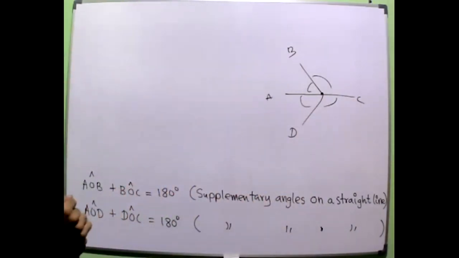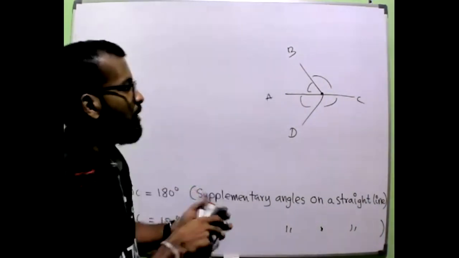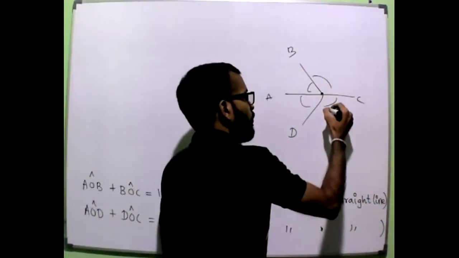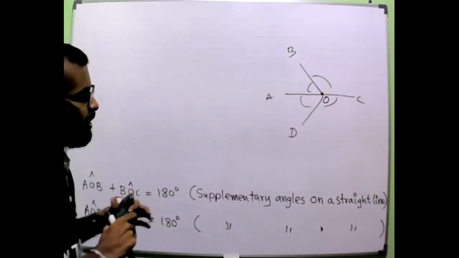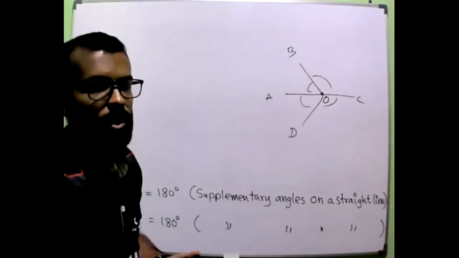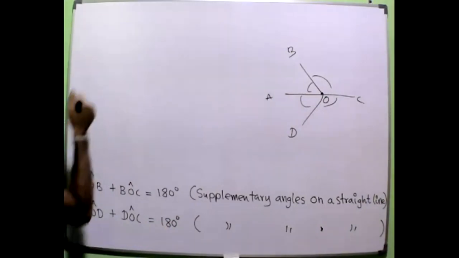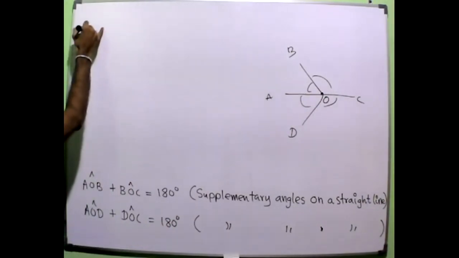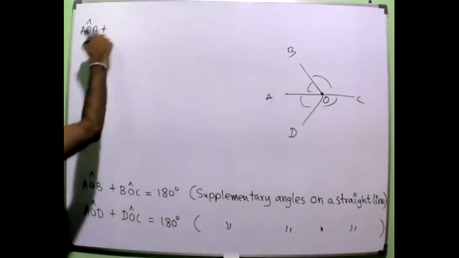Now what I am going to do is add these four angles together around the common point O. I will begin from AOB. Now tell me the next angle.